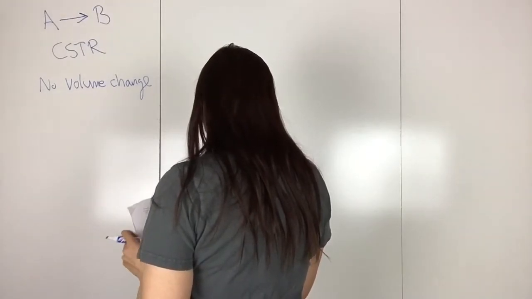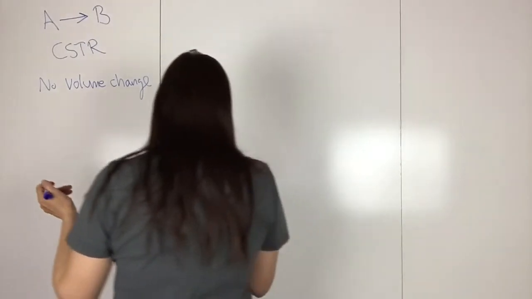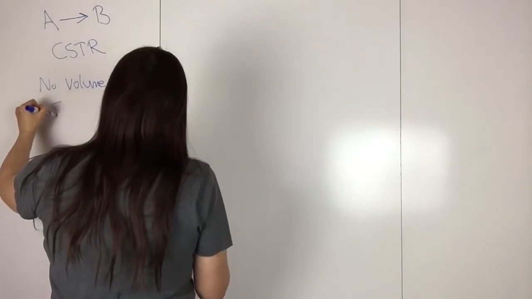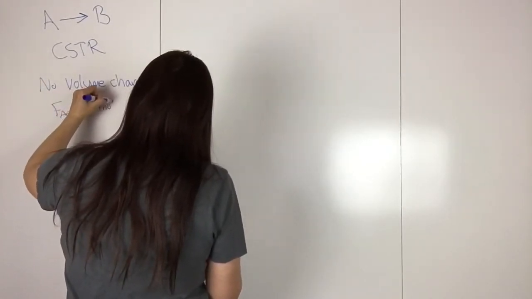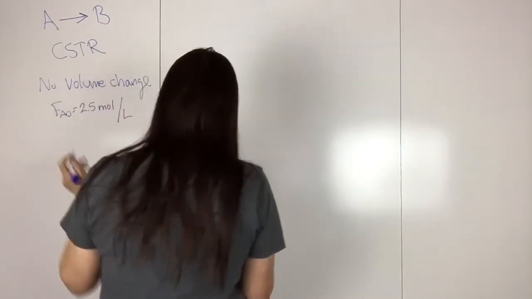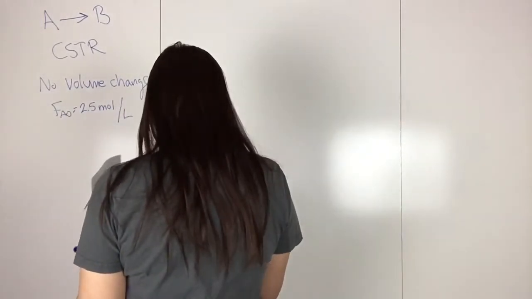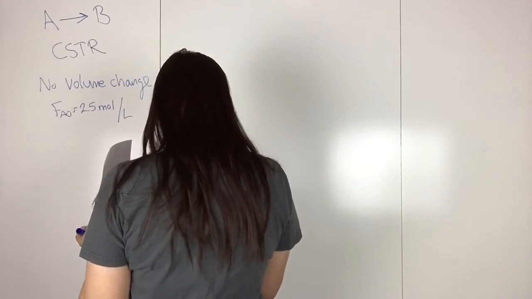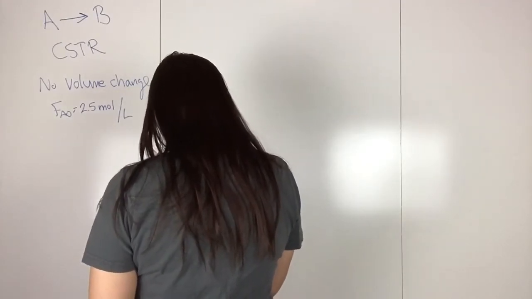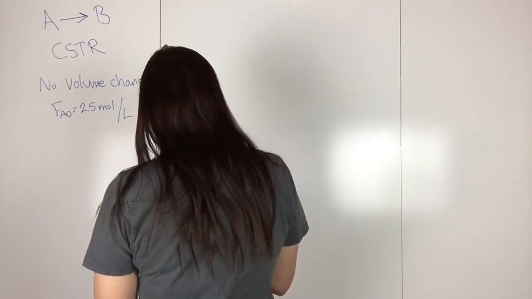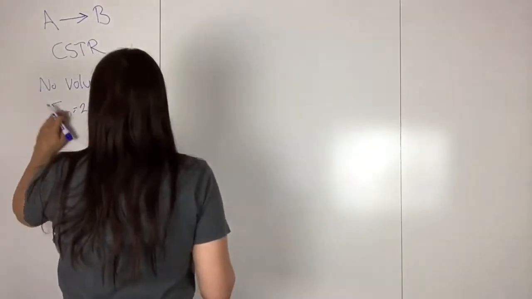So you have FA naught equals 2.5 moles. Actually, this is the entering concentration.